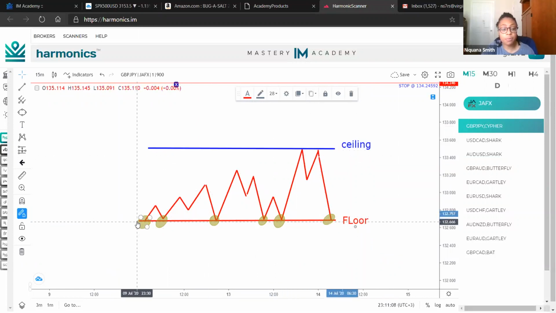So you see where price has rejected or respected this zone right here 3 or more times. What's important about support and resistance is that history repeats itself.